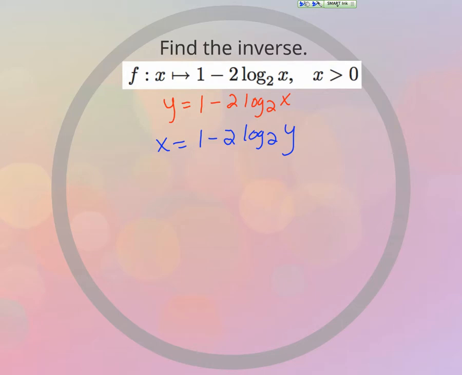So what do you guys think first? Yep. So x minus 1 equals negative 2 log base 2 of y. Absolutely. So I've got x minus 1 divided by negative 2 equals log base 2 of y.